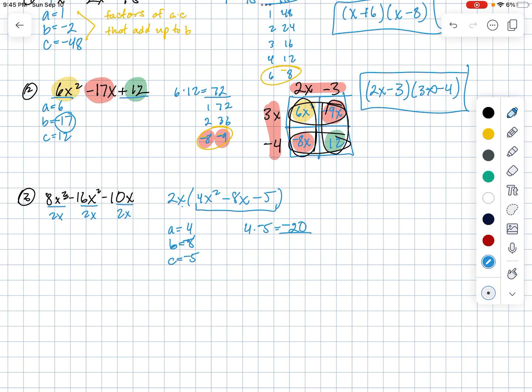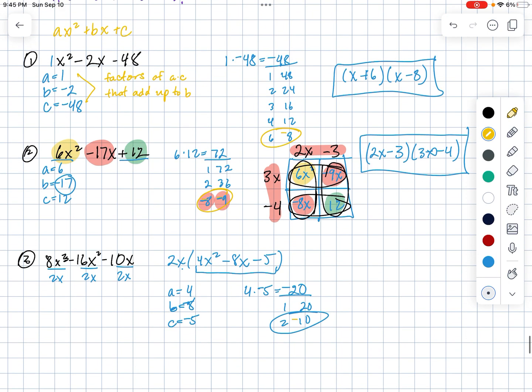Factors of negative 20: 1 and 20, 2 and 10. Right there, maybe we see that 2 and 10. If we want them to add up to negative 8, if we make the 10 negative, then they'll add up to negative 8, and positive 2 times negative 10 does equal negative 20. So there is our factor pair.